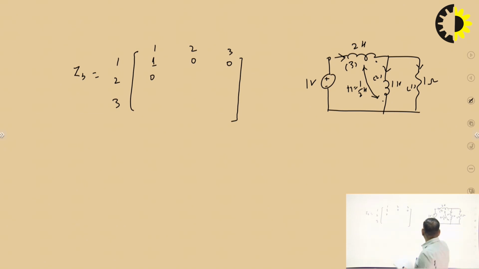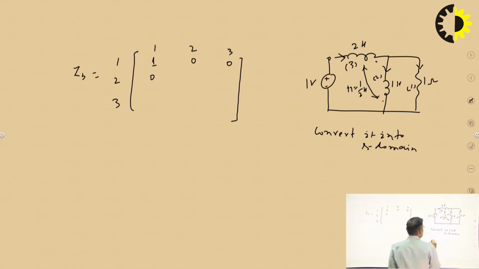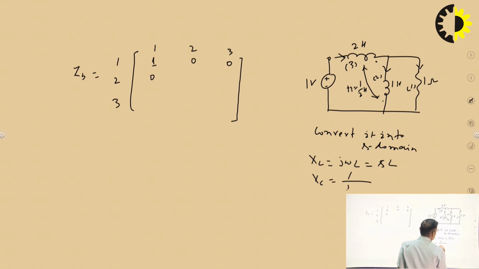Remember here the units are given in ohm and Henry. So first and foremost, you have to convert it into the S domain to get the impedance, because XL is j omega L, and j omega is nothing but S, so it is SL. If you remember your Laplace transform from your previous courses, you must be aware of this.